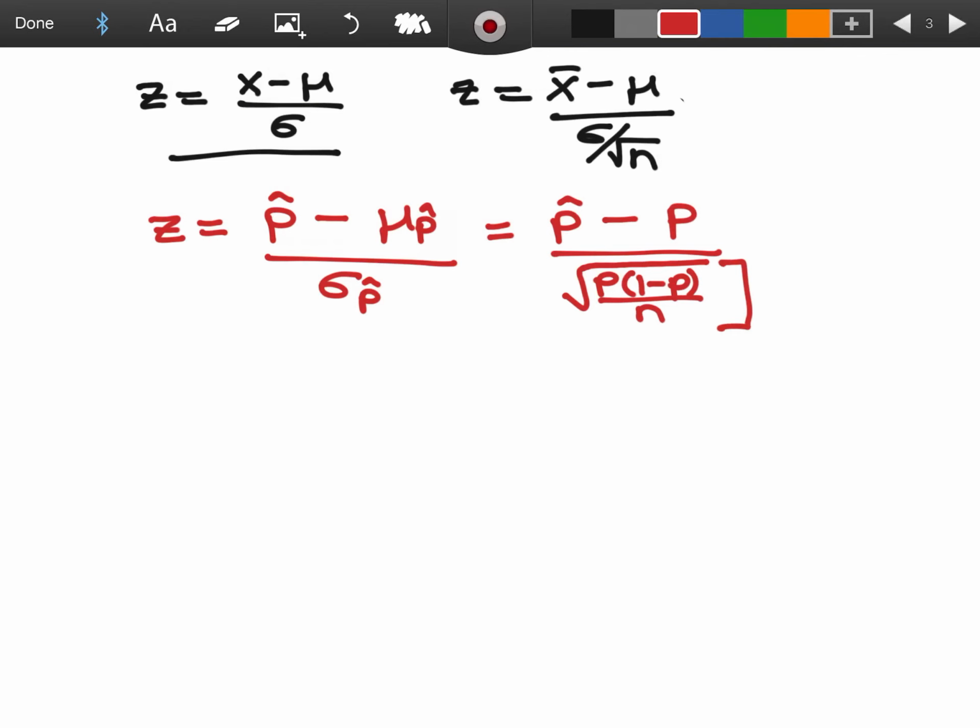It depends on what data they give you. In this case, what she actually says is that a 5th grade teacher calculates that 27% of her students are late for class. So they have said, okay, we know what our population proportion is. But 9 times out of 10, when they give you one of these problems, they will give you a sample proportion instead. So just be aware of that.